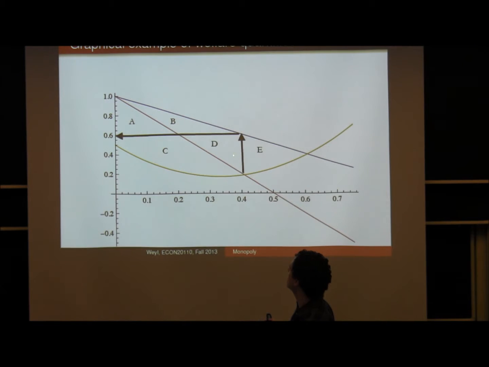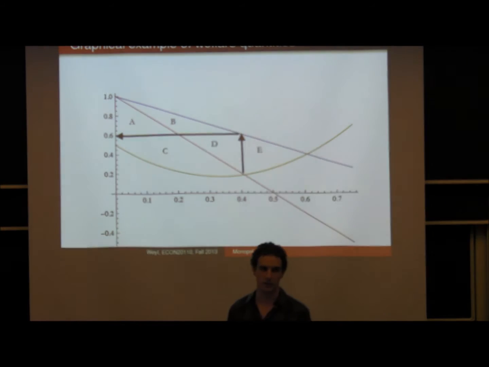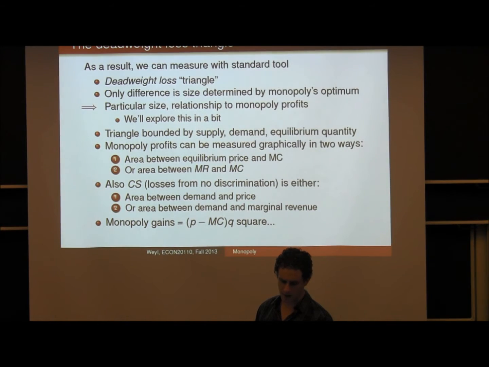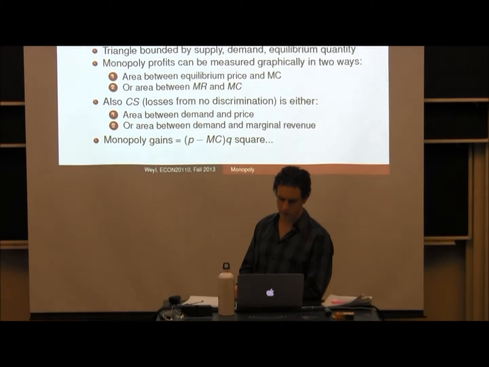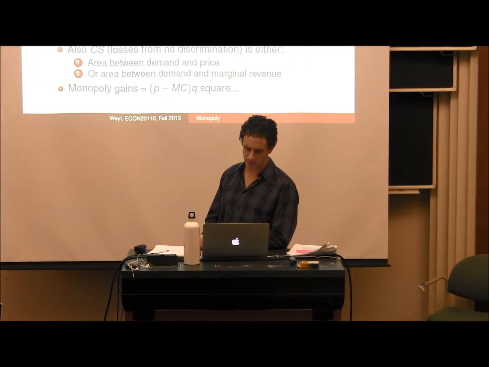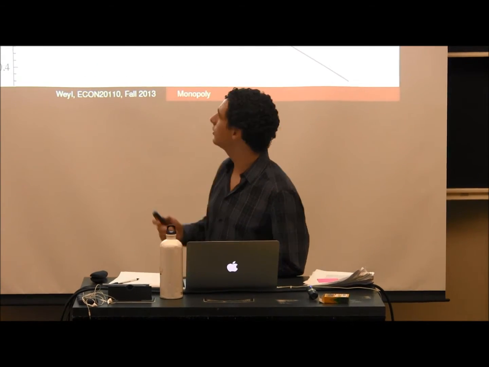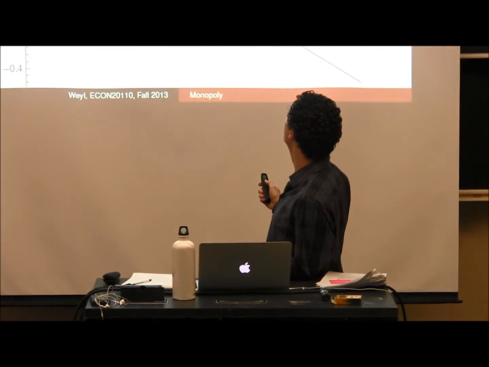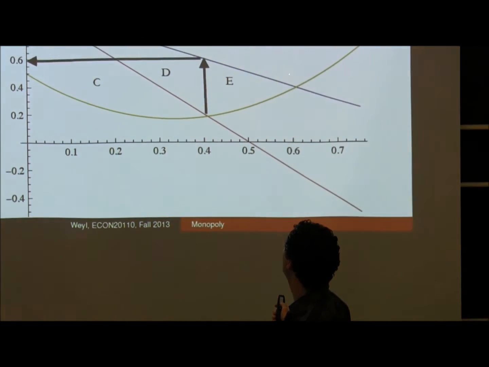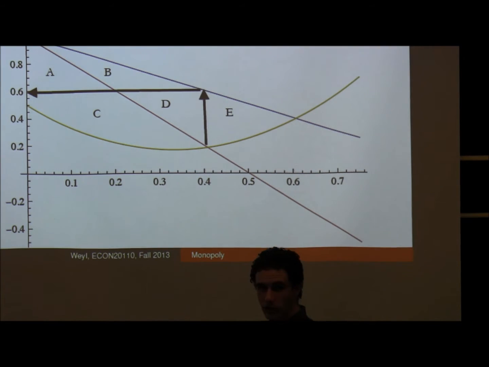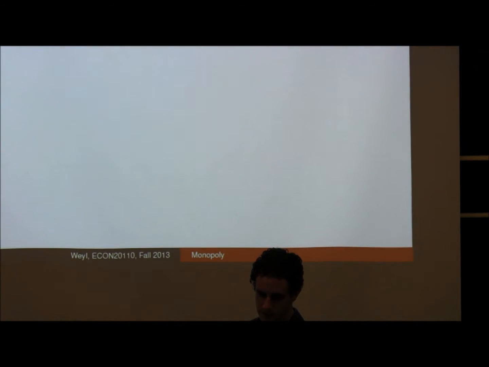So that's the area B plus D, which again by similar triangles is the same as the area A plus B. Okay. The deadweight loss triangle is E, the area over here, because this would have been the efficient quantity, and here's all the loss in willingness to pay minus marginal cost that occurs between those. Okay.